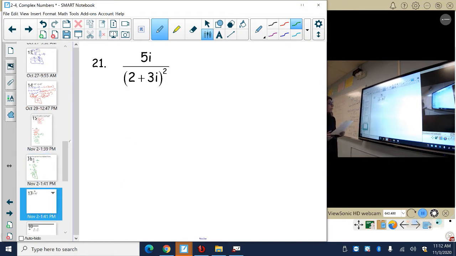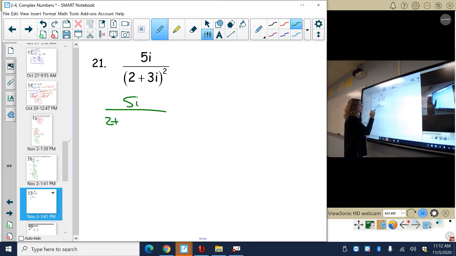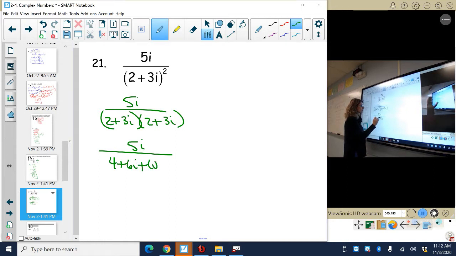Number 21. We have to simplify this, which means I have to write that down twice and FOIL it. So that's 5i over 4 plus 6i plus 6i plus 9i squared.